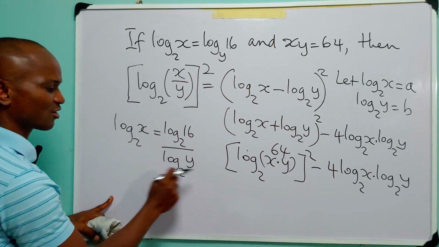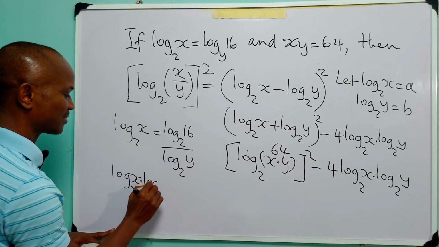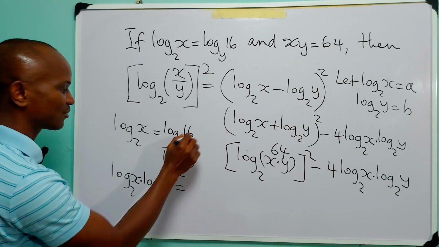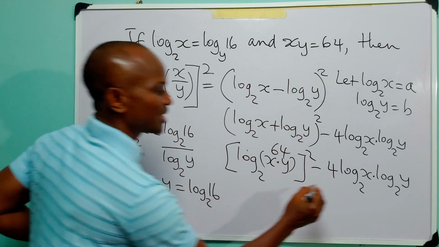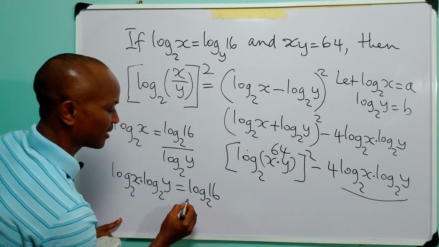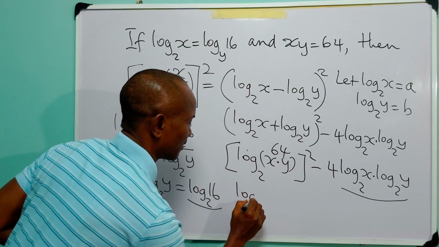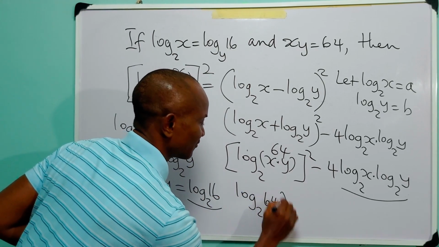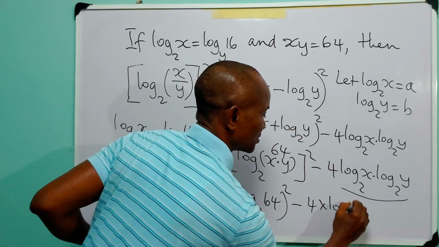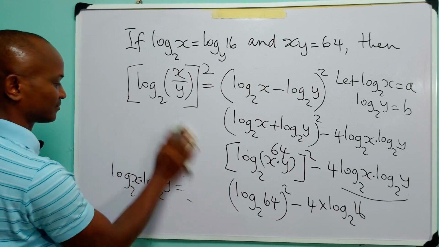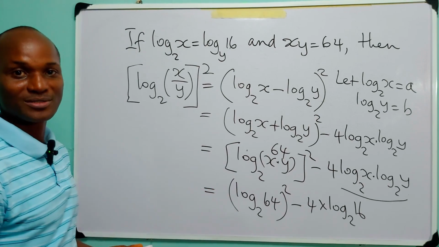Multiplying both sides of this equation by the denominator, we have that log to base 2 of x multiplied by log to base 2 of y is equal to log to base 2 of 16. So we can replace this quantity here by log to base 2 of 16. So ultimately this becomes log to base 2 of 64 squared minus 4 times log to base 2 of 16. This is equal to that, this is equal to that, and this is equal to that.